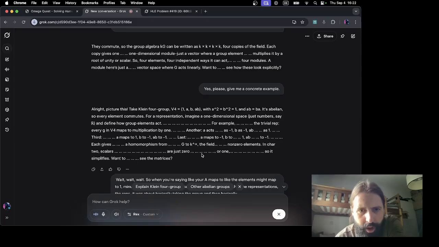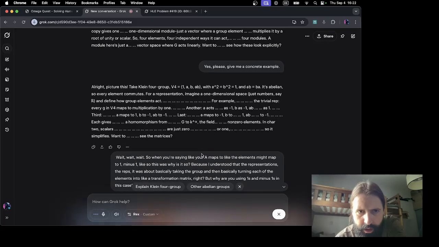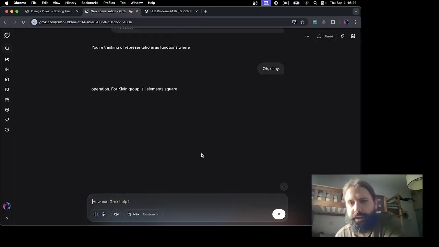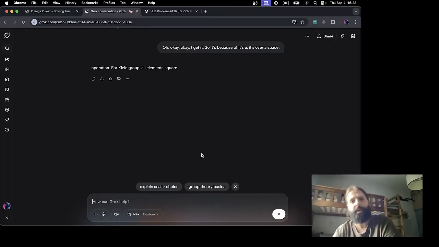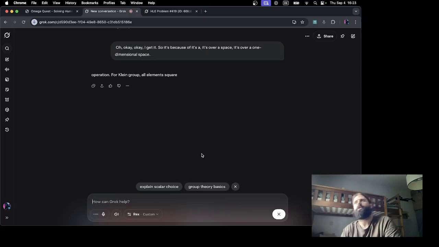But why are you using 1s and -1s in this case? Because in this simple one-dimensional case, transformations are just multiplications by numbers, in a one-dimensional vector space like R. Okay, I get it. So it's because it's over a one-dimensional space, so you can only go left or right.